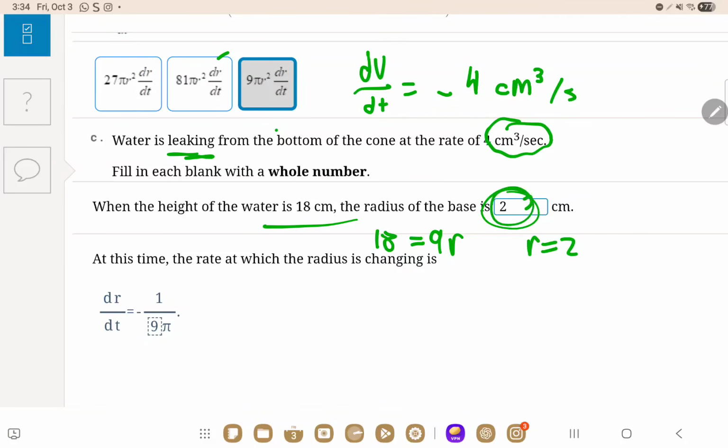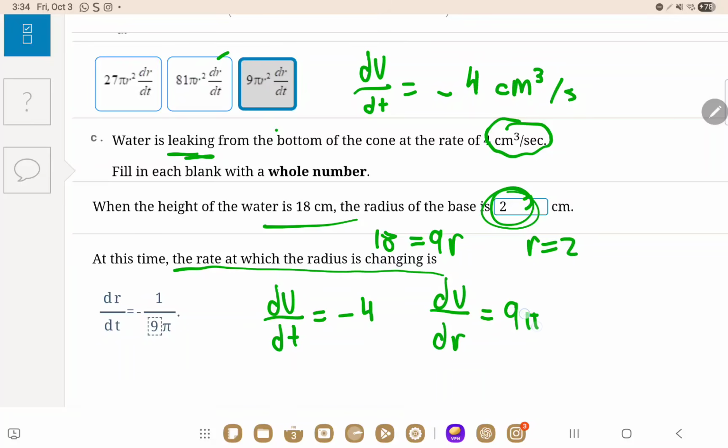That's it. Now at this time they want the rate at which the radius is changing. So we know that dv by dt is equal to negative 4, and we know that dv by dr is 9 pi r squared. And now we need dr by dt, which is the unknown here.